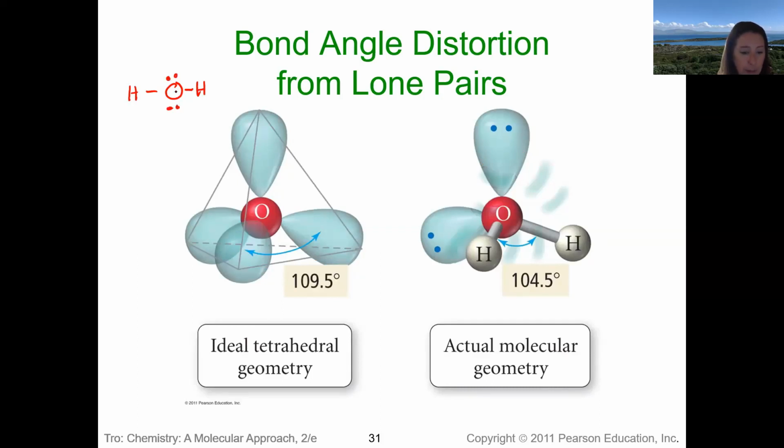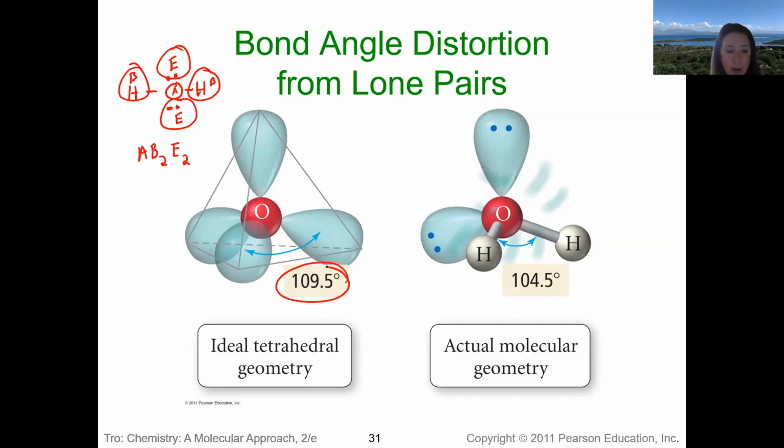This is our A, and again, we have 1, 2, 3, 4 things around our A, but 2 of them are lone pairs. This is a B, this is a B, B2, lone pair, E2. So there's still 4 things, so we would think, oh, 4 things, that's 109.5.